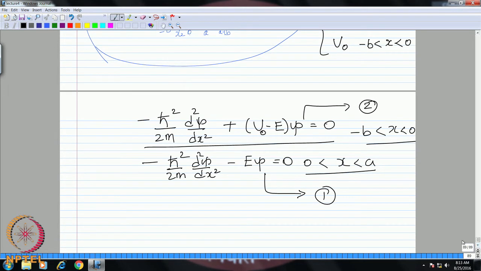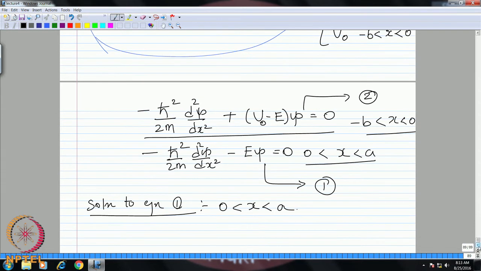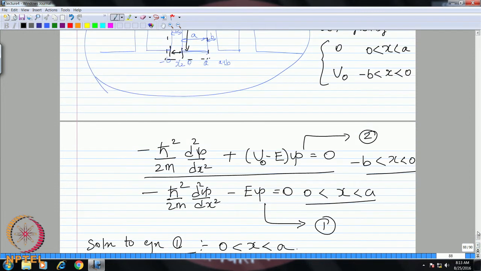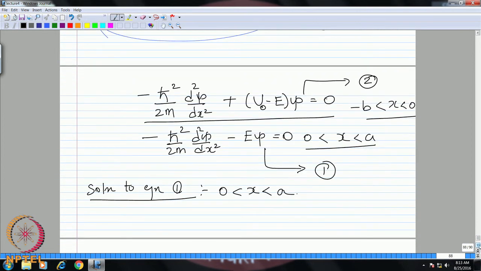So, therefore, solution to equation 1, that is in the region 0 to a, this is the quantum well solution. So, what do you get?